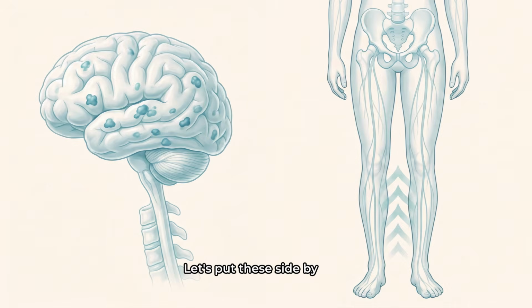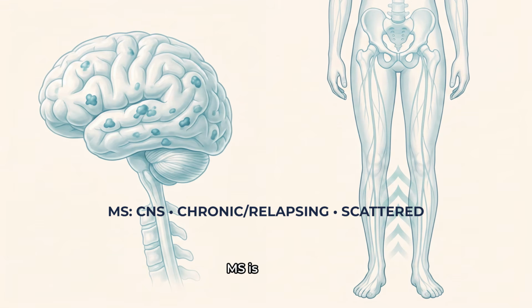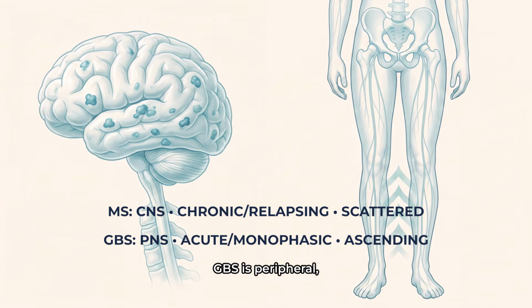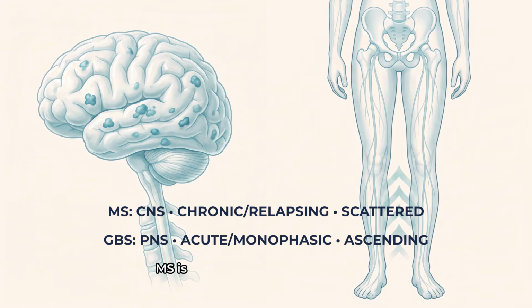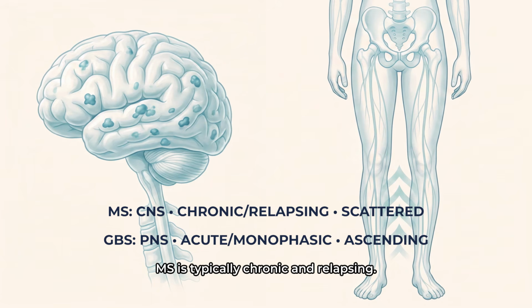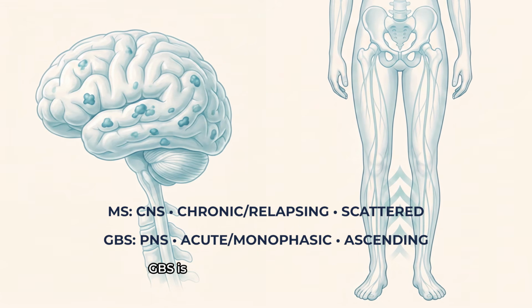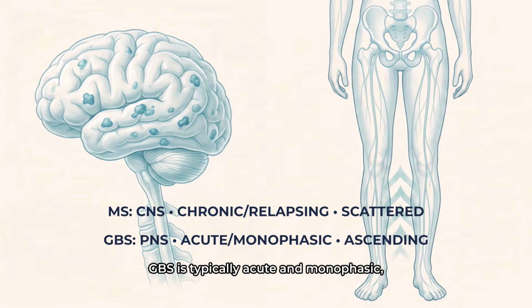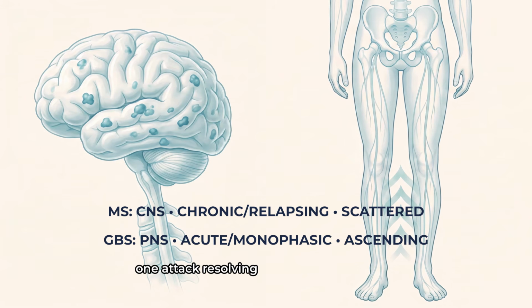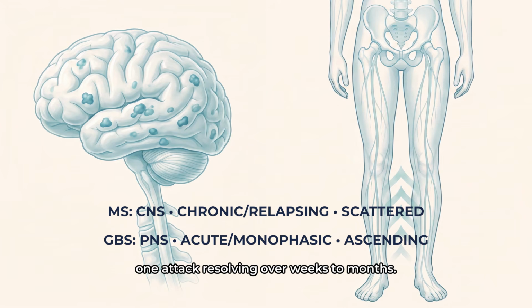Let's put these side by side. This contrast is pure NCLEX gold. MS is central, brain and spinal cord. GBS is peripheral, nerves outside the CNS. MS is typically chronic and relapsing. Symptoms come and go over years. GBS is typically acute and monophasic, one attack resolving over weeks to months.